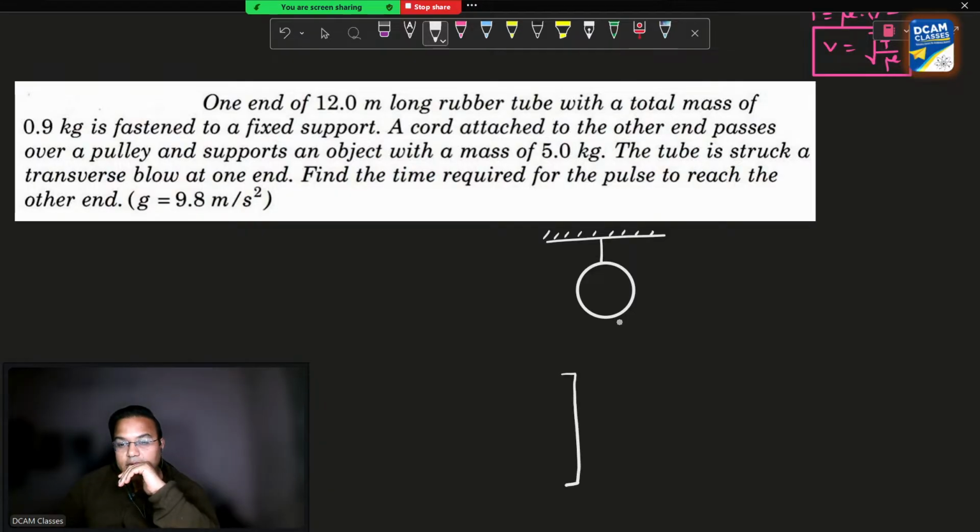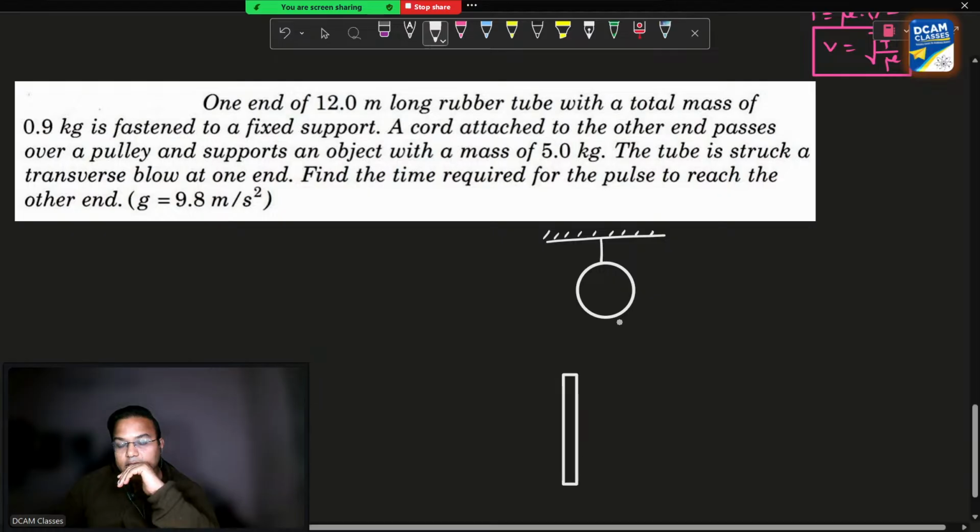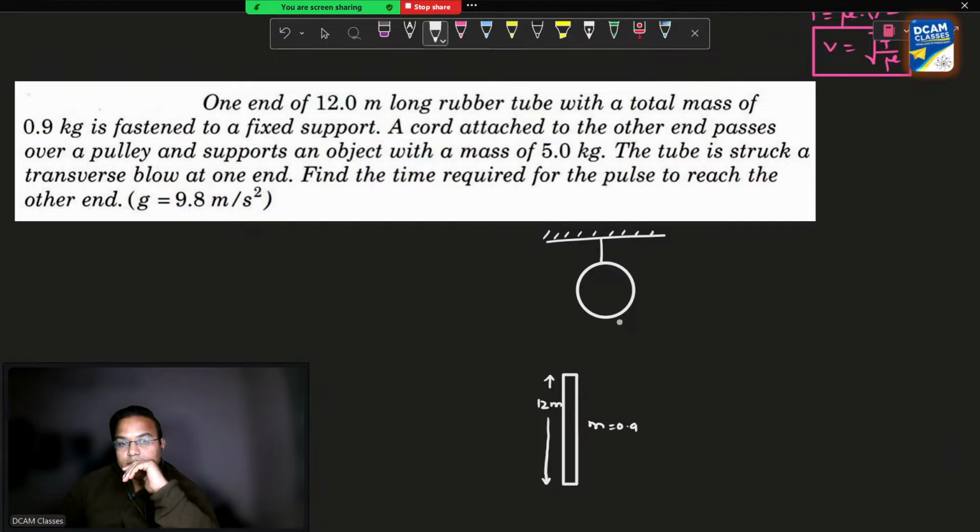The diagram is something like this. It is 12 meter long. Mass is 0.9 kg.